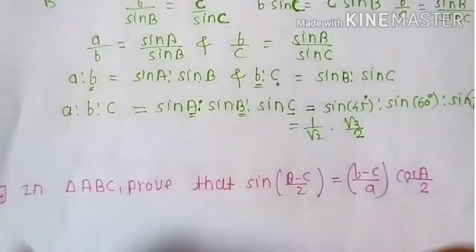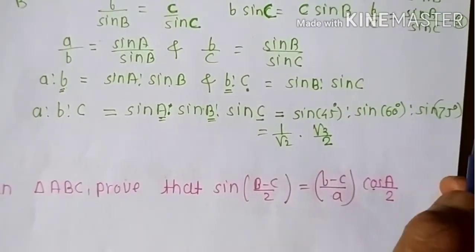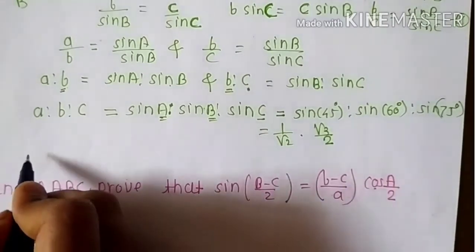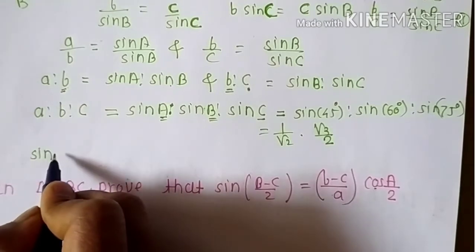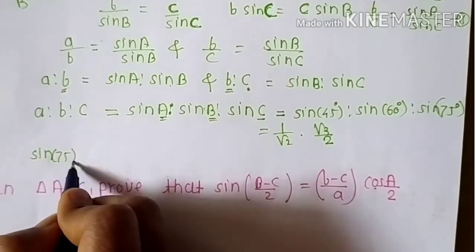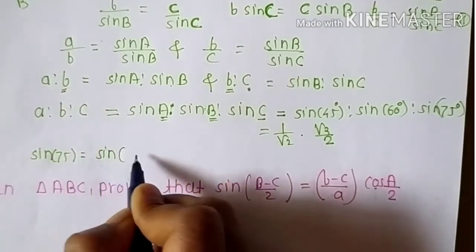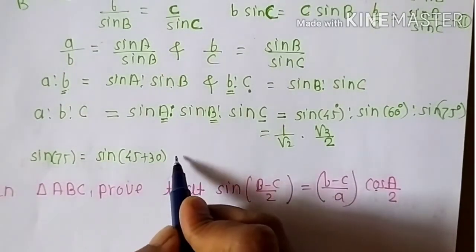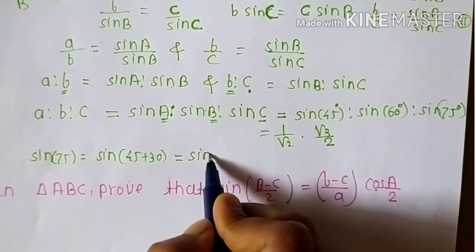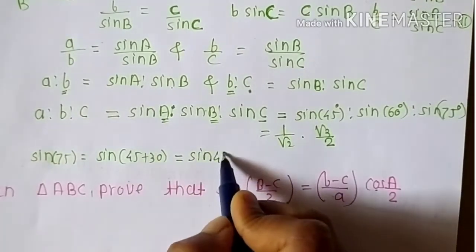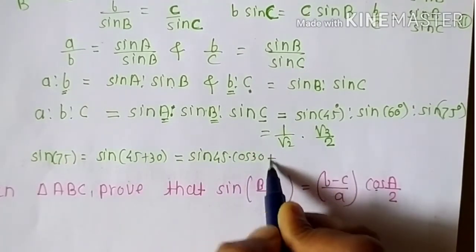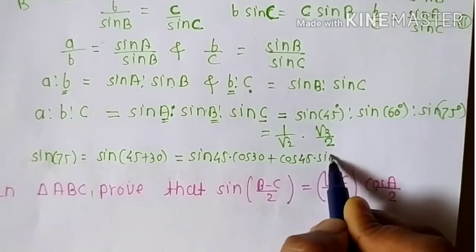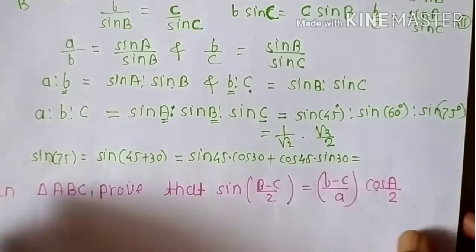In order to find the sine of 75, the standard value is not available, so we have to simplify this by using the sine A plus B result. We write 75 as 45 plus 30. Sine A plus B is sine A into cos B plus cos A into sine B. Then substitute these values.